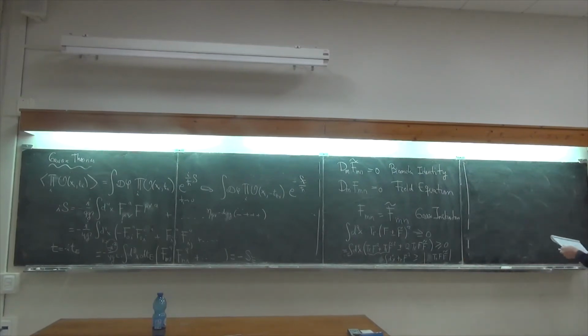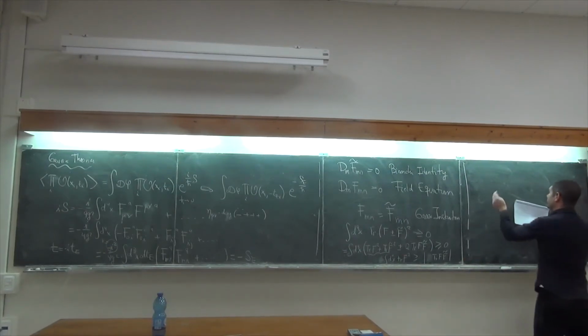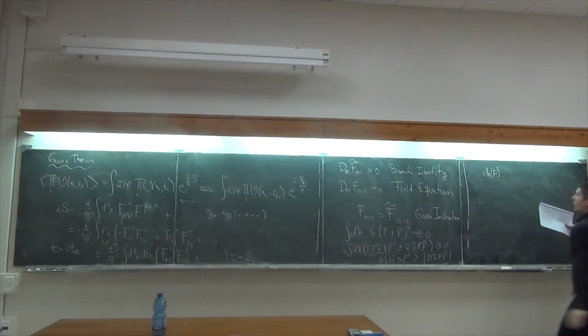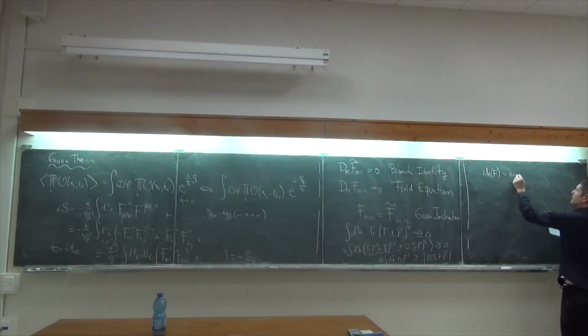Okay, the statement is the following. There is something called the Chern class of a field, of a connection, which is defined as the exponential of iF over 2 pi.